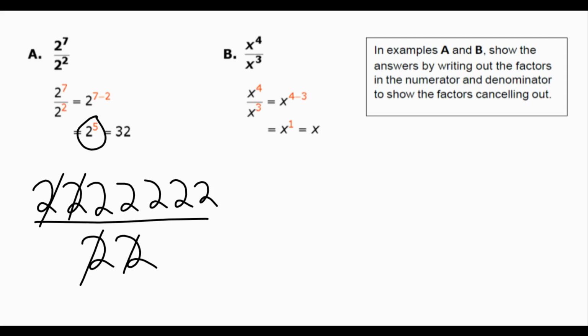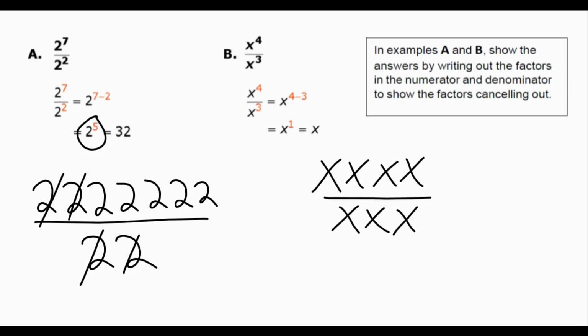If I look at b, I have x to the 4th divided by x to the 3rd, so I'd have 4 x's in my numerator, divided by 3 x's in my denominator, and then I cross off each grouping of 1 x in the numerator and 1 x in the denominator, leaving 1 x in the numerator because 4 minus 3 would be 1, so that's x to the 1st power.